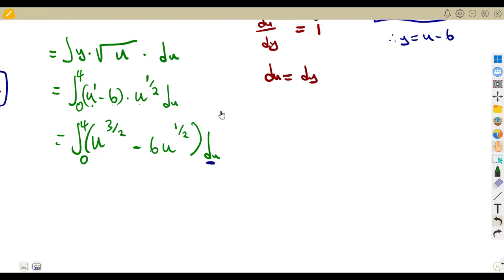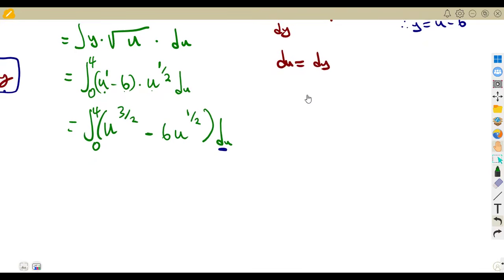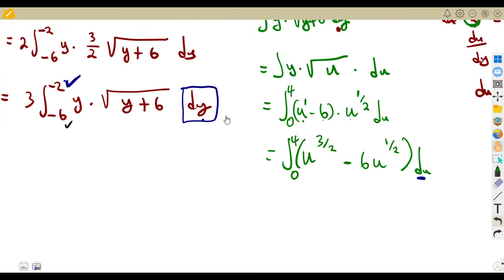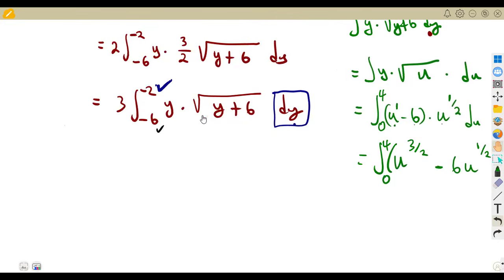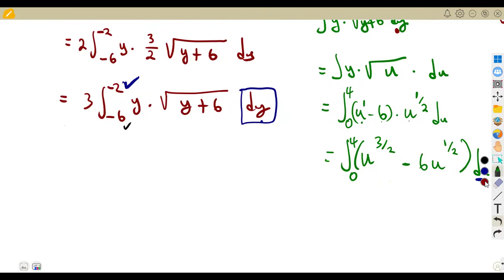Guys, it has changed. Everything has changed. Unless you want to do this integral, then you substitute back y. You can maintain this part that you had here. You can do that. I'm not saying it's wrong, but you can take advantage of this type of equation instead. So meaning to say our question has changed now. It is going to be 3, the integral of our limits from 0 to 4.